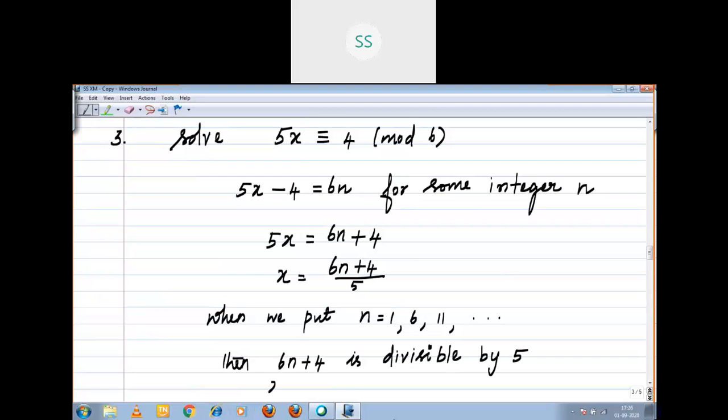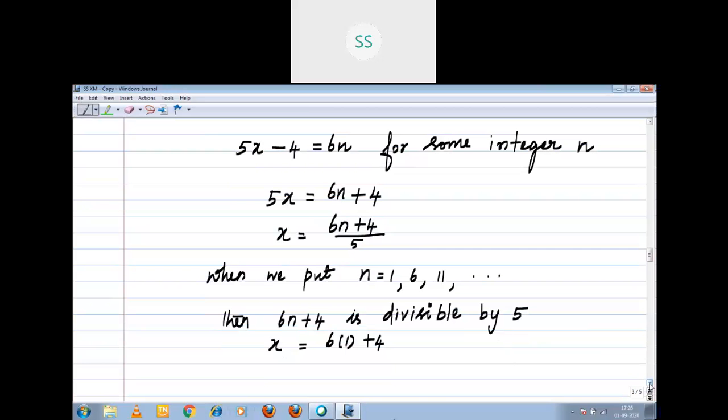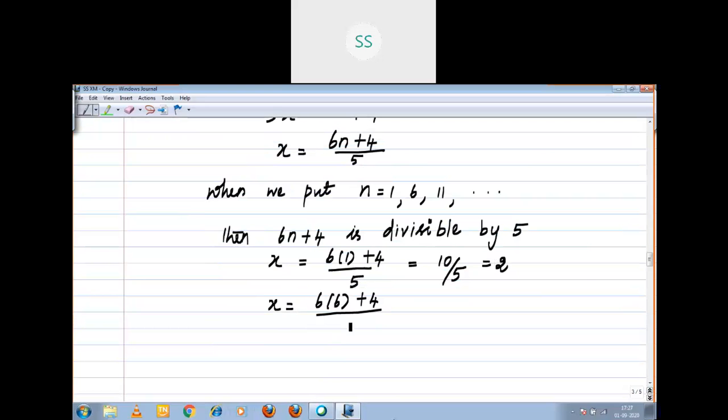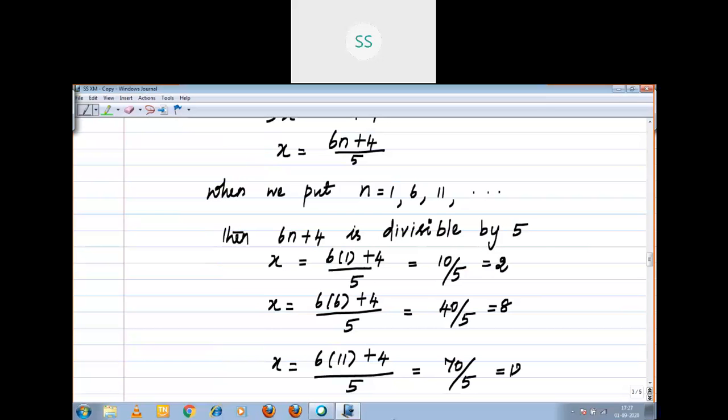x is equal to (6 into 1 plus 4) divided by 5, which is equal to 10 by 5, 2. x is equal to (6 into 6 plus 4) divided by 5, which is equal to 40 divided by 5 equal to 8. x is equal to (6 into 11 plus 4) divided by 5, 70 divided by 5 equal to 14, right?